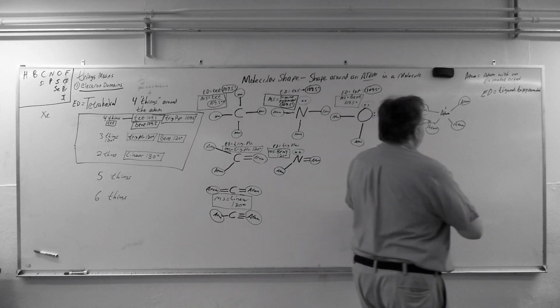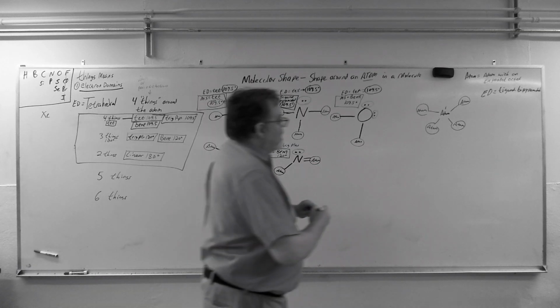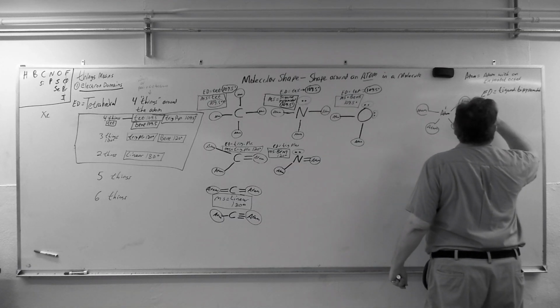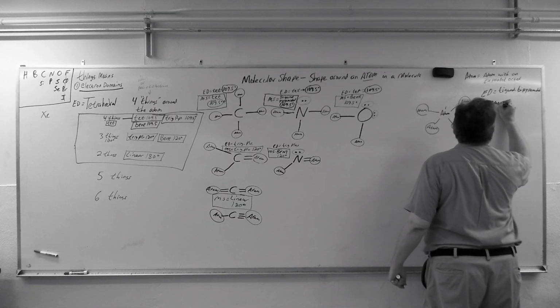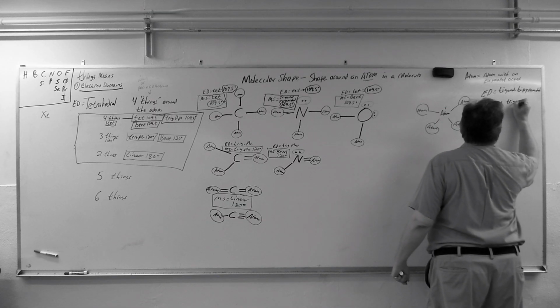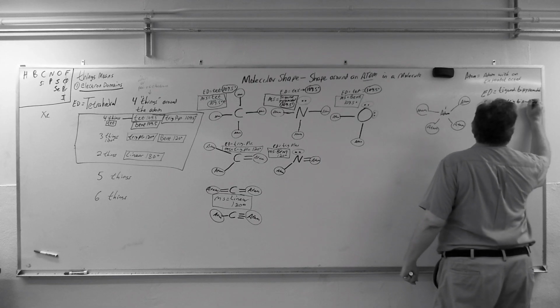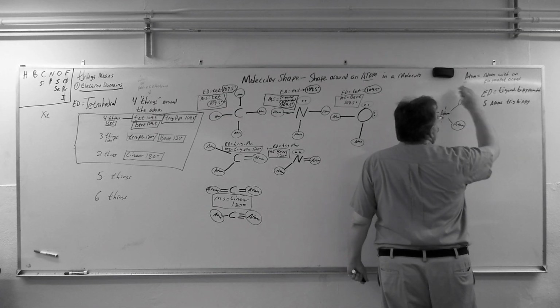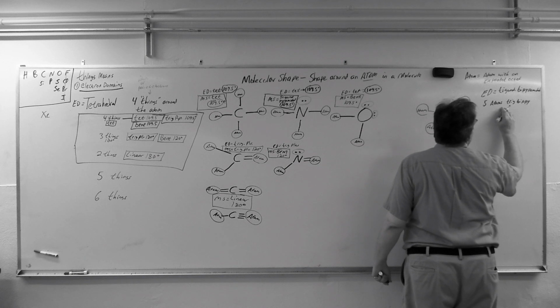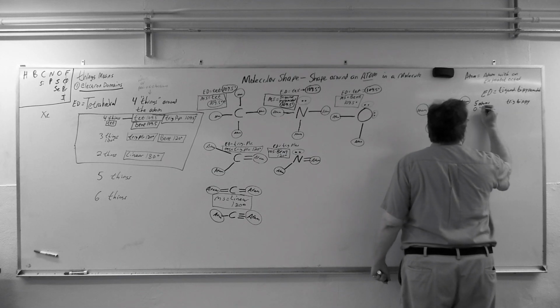If you have five things, if all five things around them are atoms, then it's five atoms, 0 pairs.